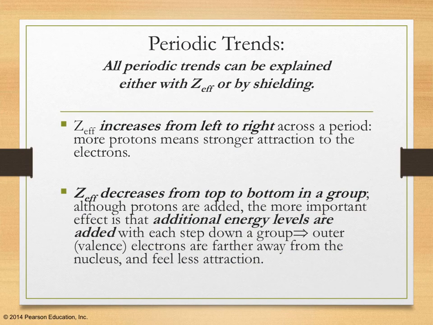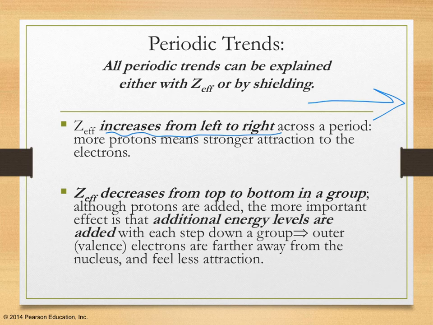All right, so what are the trends of effective nuclear charge? Effective nuclear charge increases from left to right across a period. That's a horizontal row on the periodic table. To help you memorize it, you know that the number of valence electrons increases left to right, and remember that effective nuclear charge follows valence electrons.